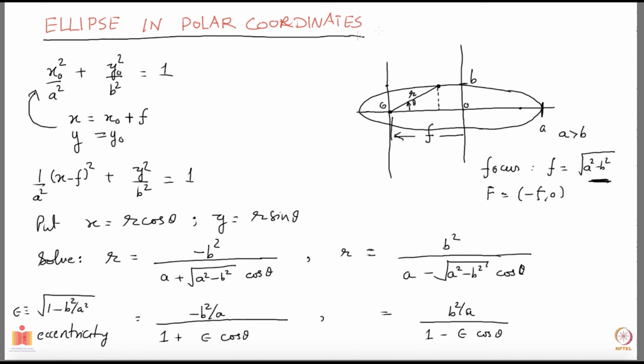You have two numbers which characterize the ellipse, a and b here. But this epsilon does not know about a and b separately, it only knows about the ratio. So if you make a 10 times bigger and b 10 times bigger, epsilon still remains the same. But the numerator knows about the other variable also, because it does not have a square, it has a. So you can determine both a and b if you know epsilon and what you have in the numerator.